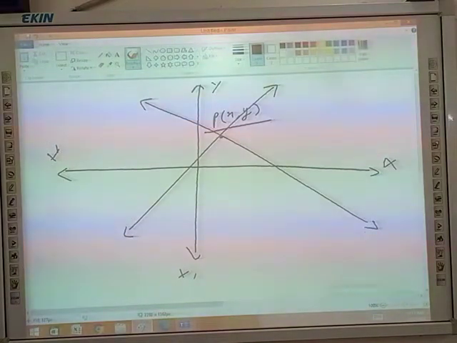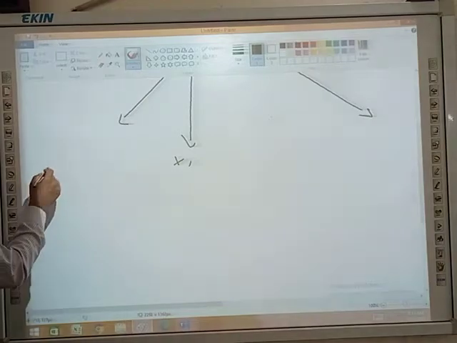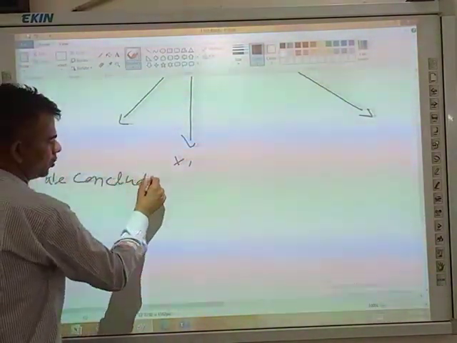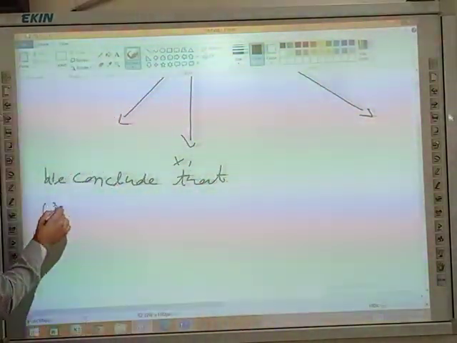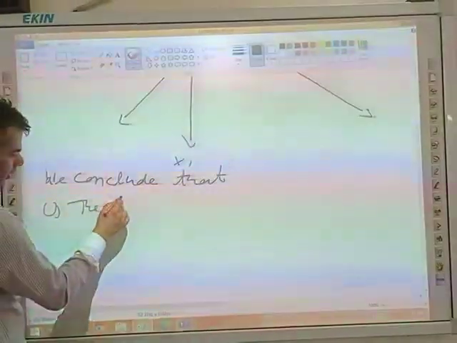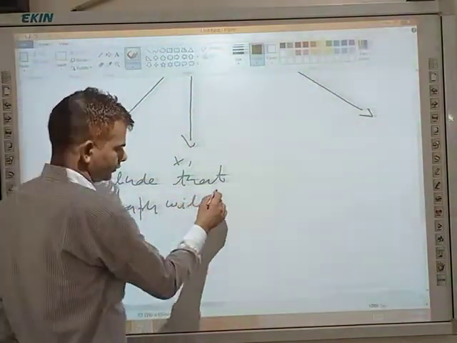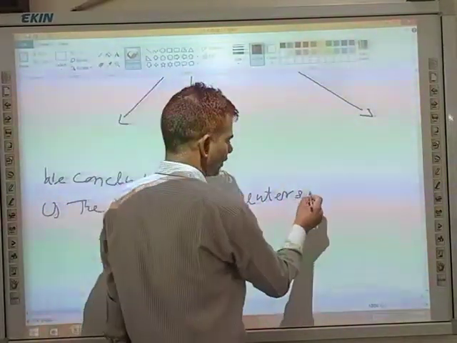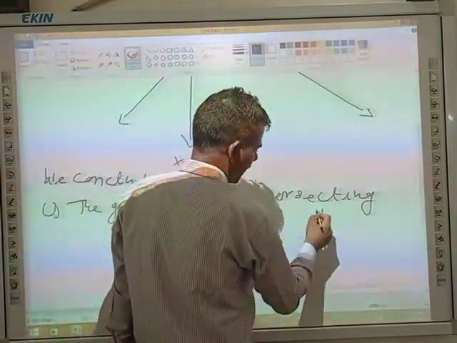Students, we conclude that: the first point is that the graph will be an intersecting lines graph.